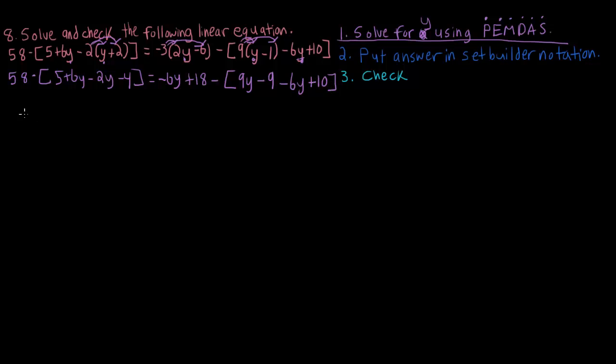Okay, keep simplifying. So 58, working inside the brackets now. Let's go ahead and group the like terms together.